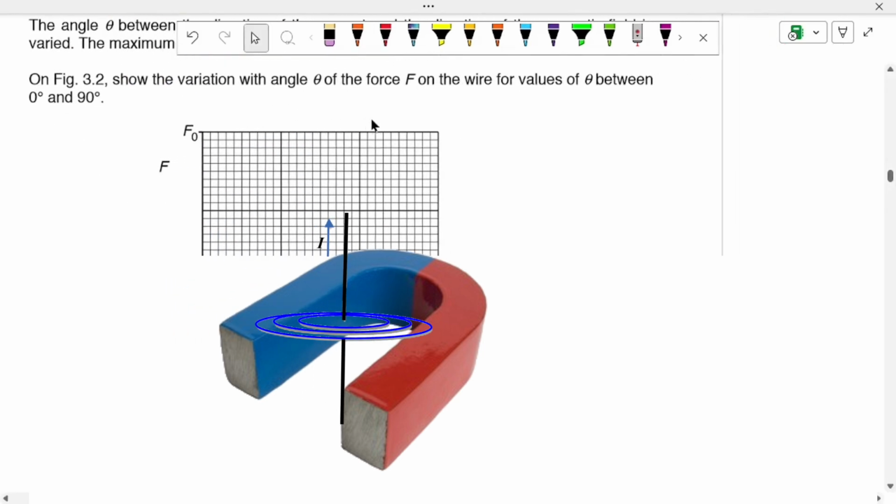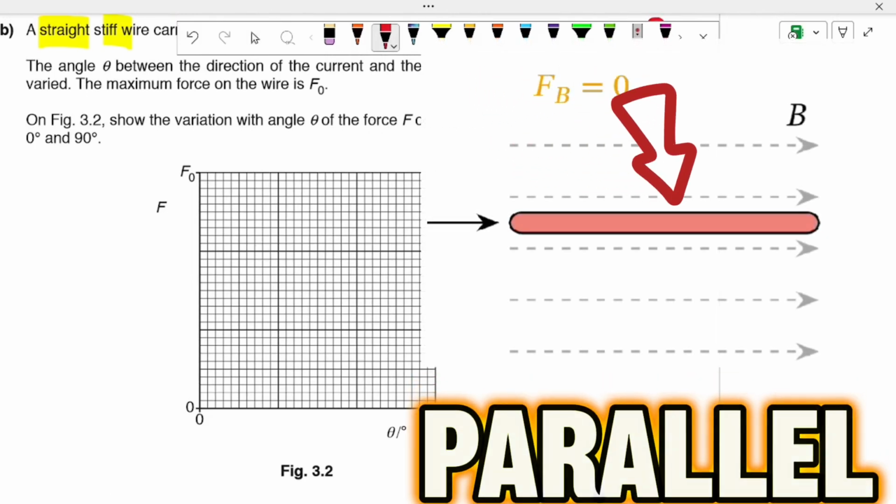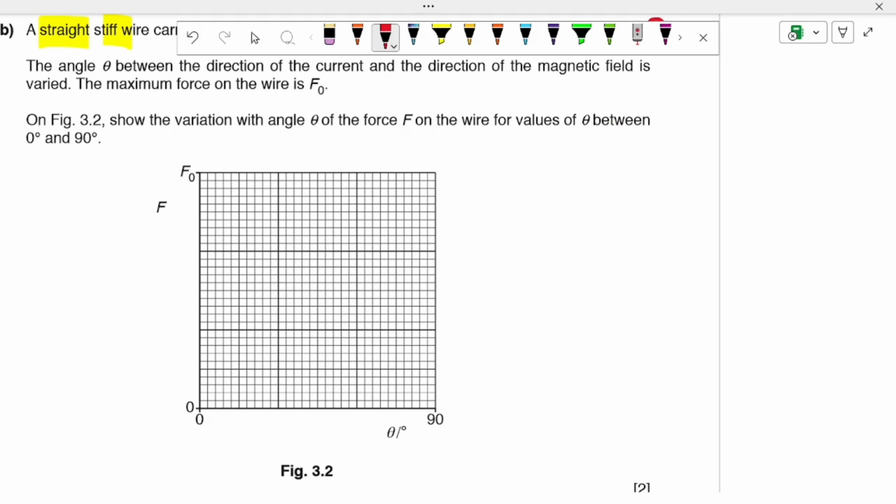So what are some of the facts that we know? We know that if the wire is parallel to the magnetic field, no force is experienced. If the angle between the direction of the magnetic field and the wire is 0, then we won't get a force. So that's a point that I can put here. If there is no force, that means there is no angle.